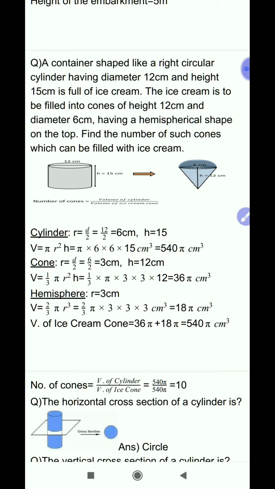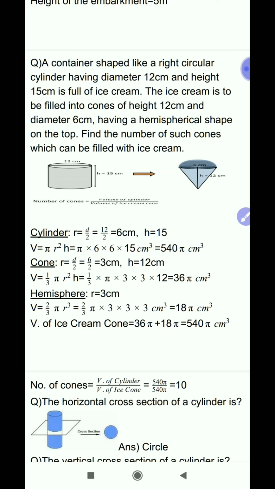A container shaped like a right circular cylinder having diameter 12 centimeters and height 15 centimeters is full of ice cream.